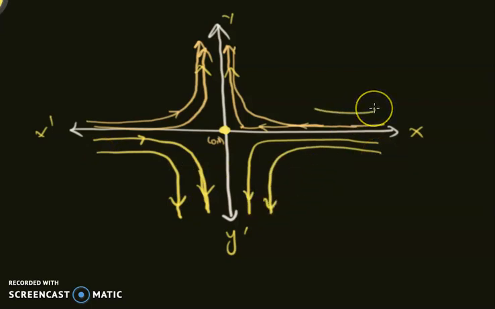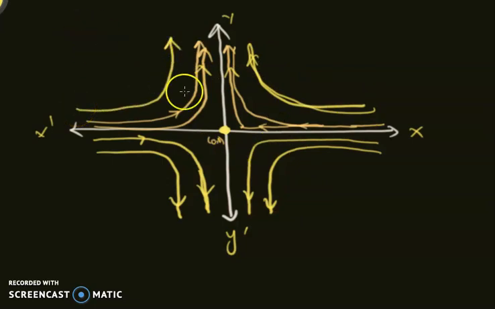Any other trajectories will behave something like this, and people call this behavior a saddle. So the equilibrium point in this case will be a saddle.